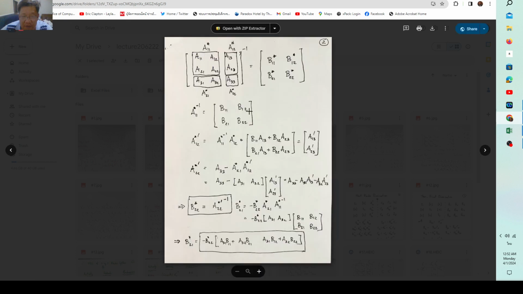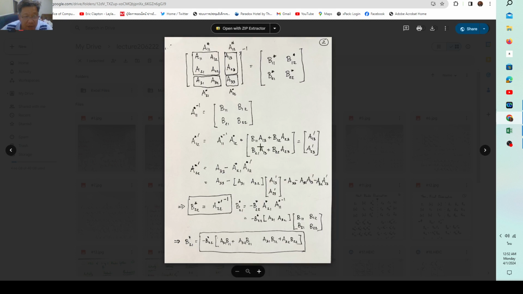So you can use the matrix with submatrices and do the matrix multiplication. So this one will become this one multiplied by A12 star, A11 star inverse times A12 star.